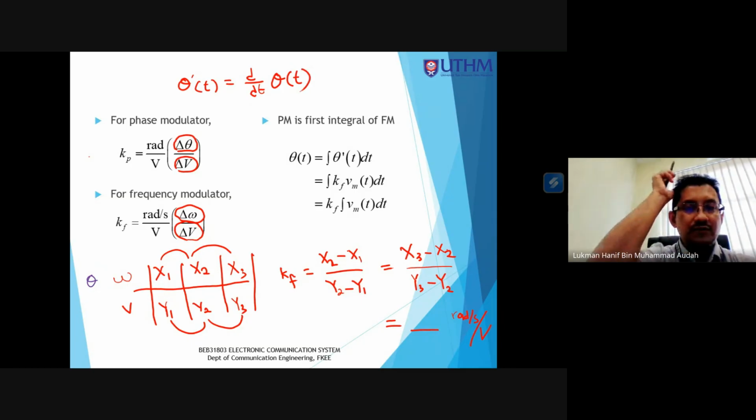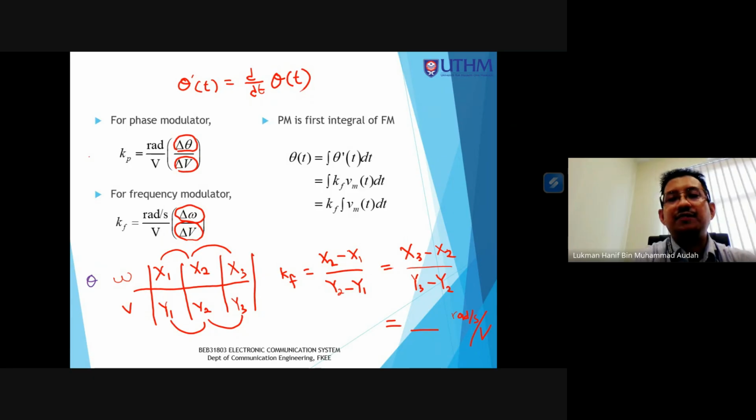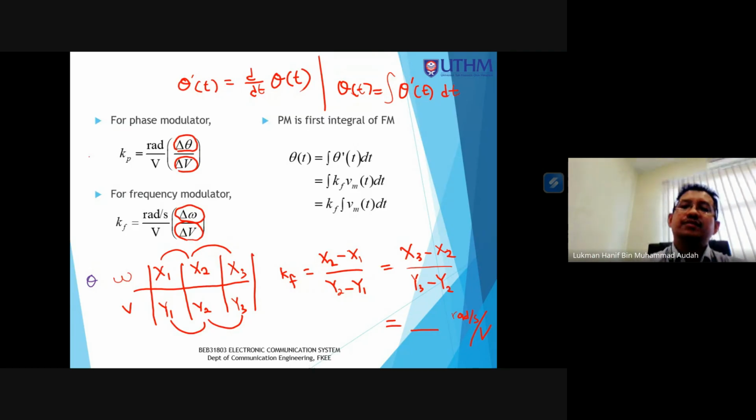So if you want to find theta t, that means theta t is the integral of theta prime t dt, which is like this.